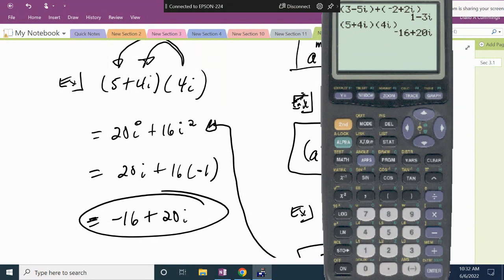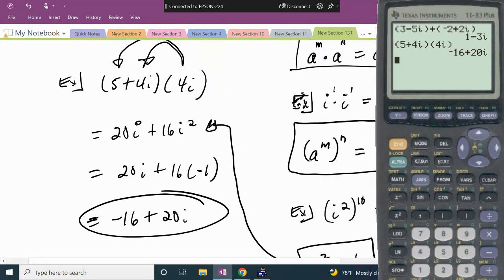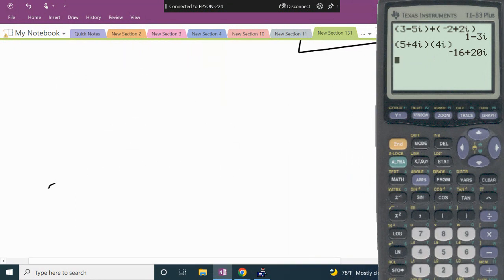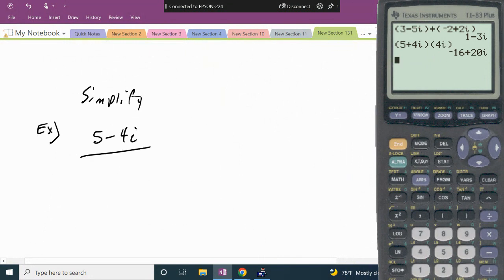All right, so next we're going to take a look at division. Okay, so here we have to simplify 5 minus 4i divided by 2 plus 4i.